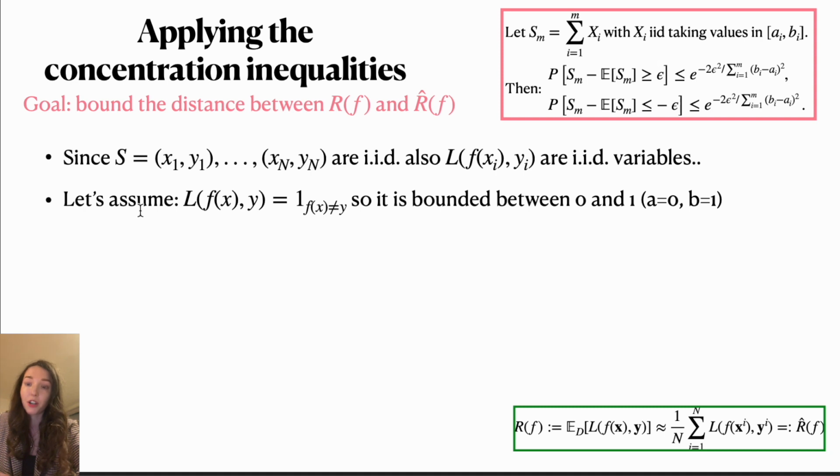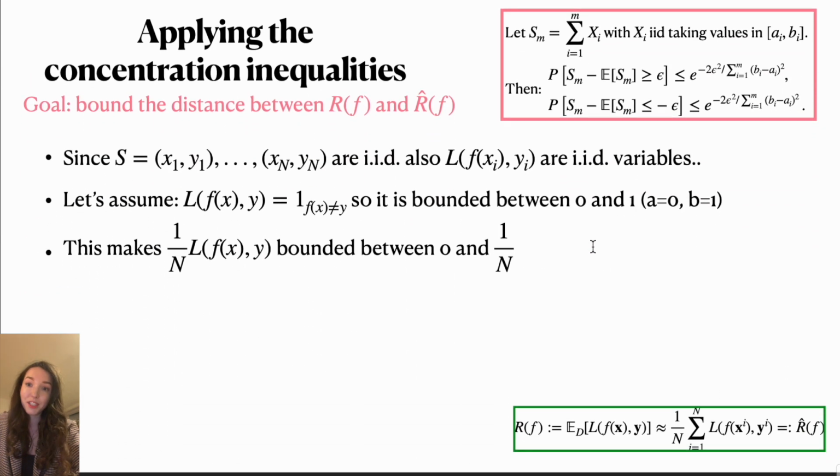For our loss function, we then choose the 0-1 loss, which is 0 if our prediction f of x is equal to the true label y, and 1 if it's not. So in this case, indeed, our random variable L of f(x) and y becomes bounded between 0 and 1. And in particular, in the notation of Hoeffding's inequality, a is then 0 and b is 1.